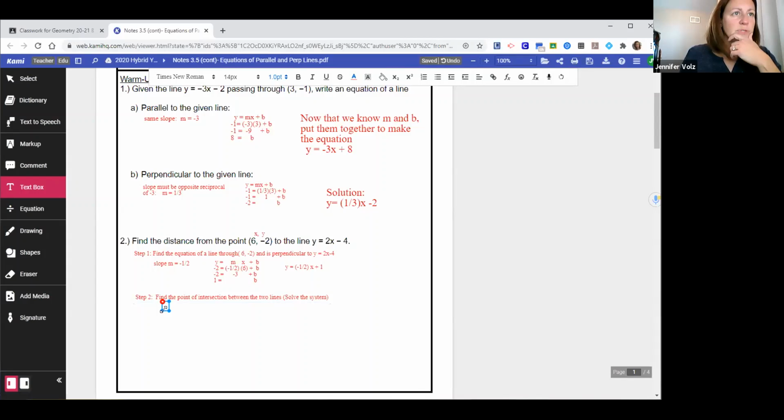So the system would look like this. y equals 2x minus 4, and y equals negative 1/2 x plus 1.